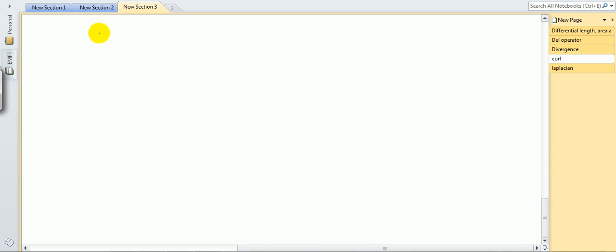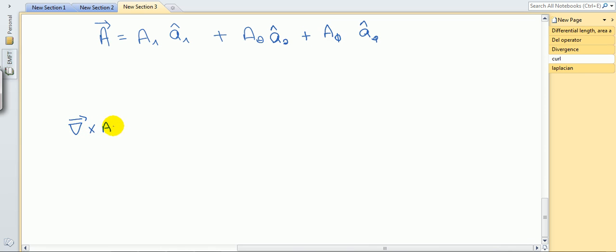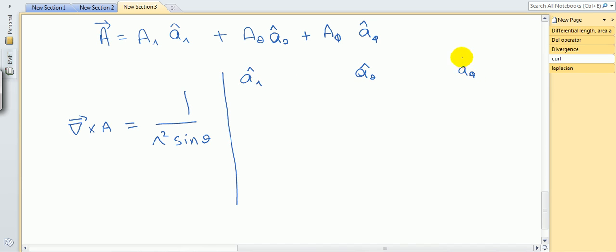If I consider the vector A equal to a vector having components ar in ar direction plus a theta in a theta cap direction plus a phi in a phi cap direction, I will write the formula of del cross A. Here also outside there is one term, 1 by r square sine theta, and here it will be ar cap, a theta cap, and a phi cap.